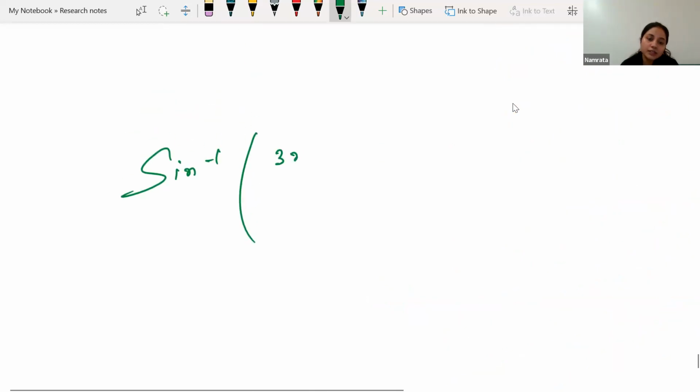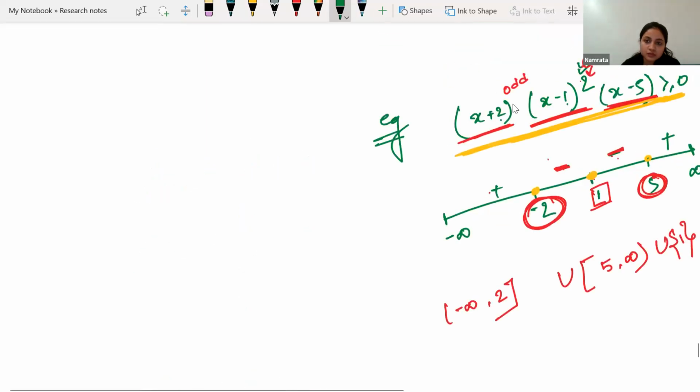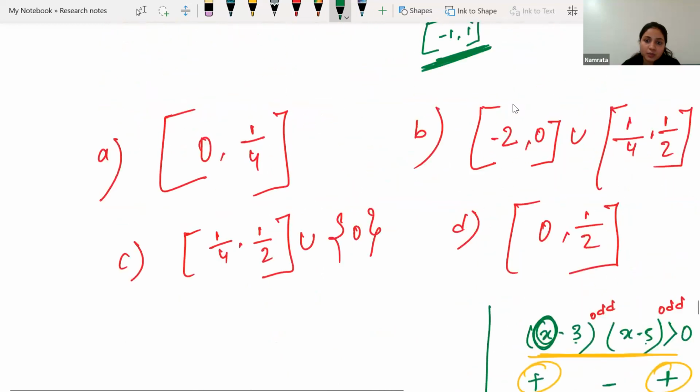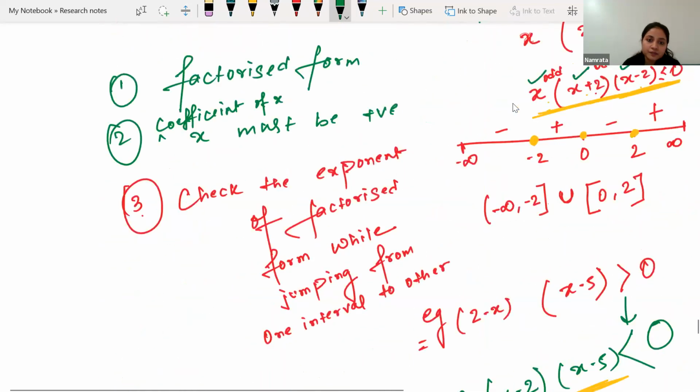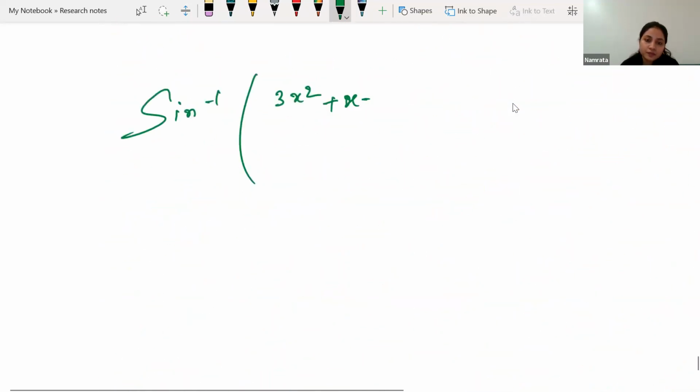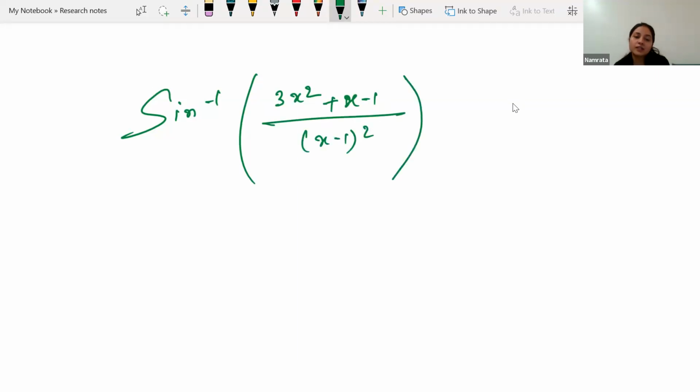So let me take the question. Sine inverse of 3x square plus x minus 1 over x minus 1 whole square. Okay, the inside rational part must lie in between negative 1 and 1, closed interval, as you said.